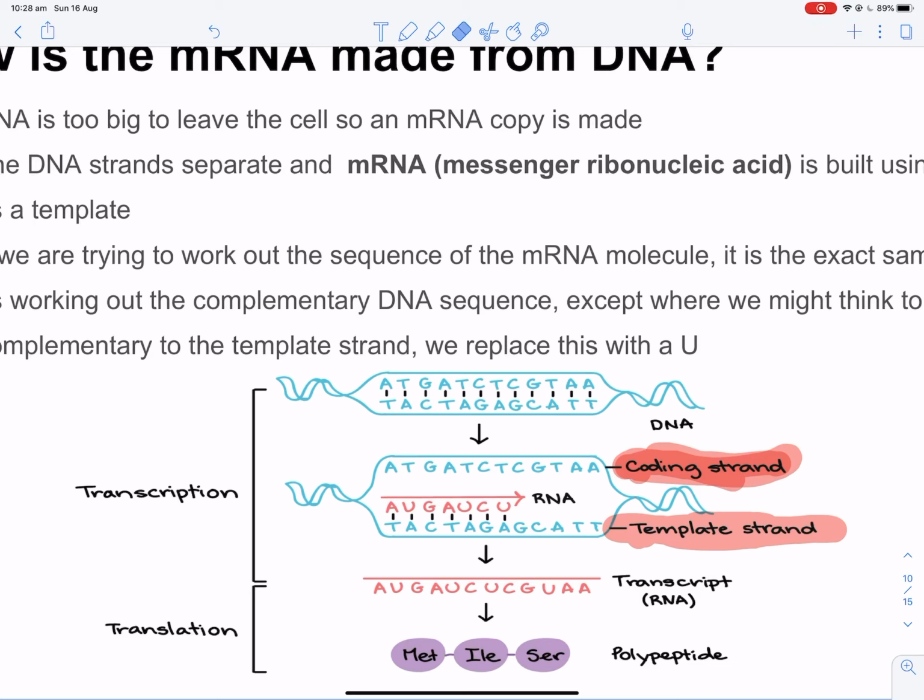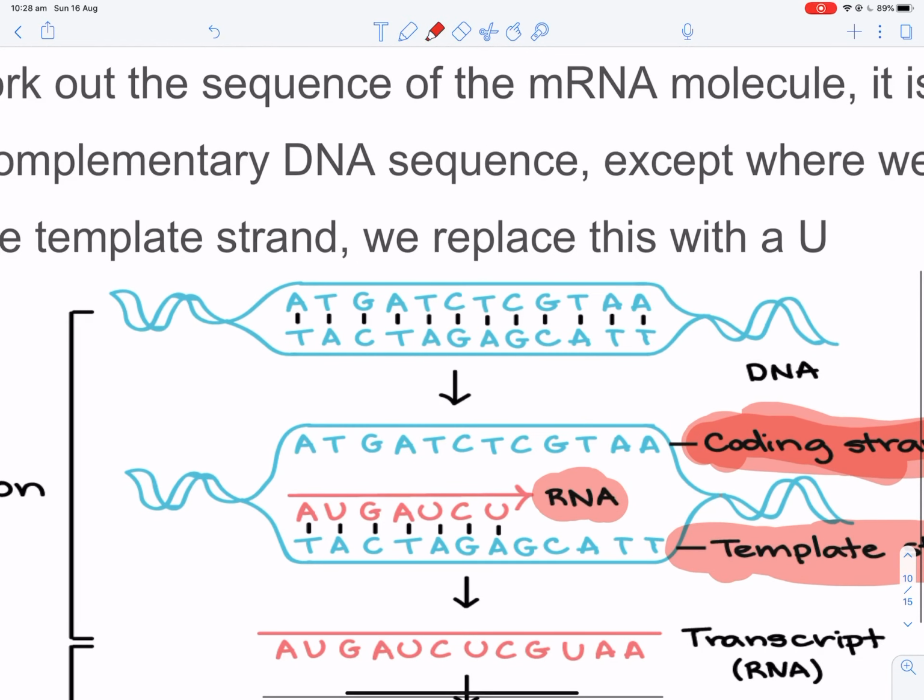So the mRNA molecule will be built off the template strand, and you can see that if we do the exact same thing, we add these complementary bases. So instead of having a T here, we now put a U because RNA has a U instead.